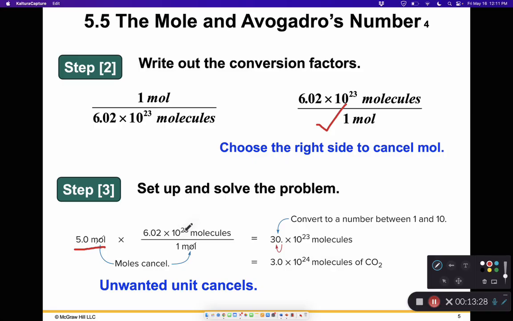Write 23 there and then use the arrow to get out, and enter. You will get the answer 3 times 10 to the power 24 molecules of CO2. Okay, so let's see a few more exercises we can do on this conversion factor.